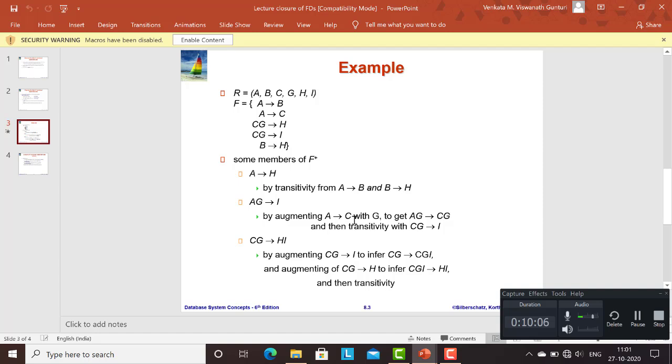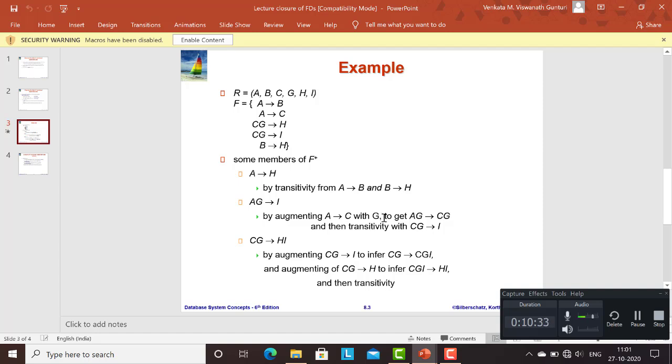So I started with A implies C, and I attached G on both the left side and the right side of that FD, and then I have the functional dependency CG implies I, which is given, right? So now these two FDs put together, AG implies CG and CG implies I, right? You know that by transitivity AG will imply I, right?